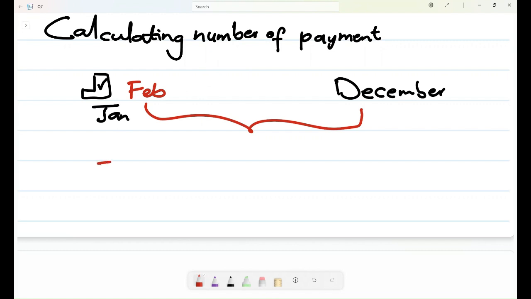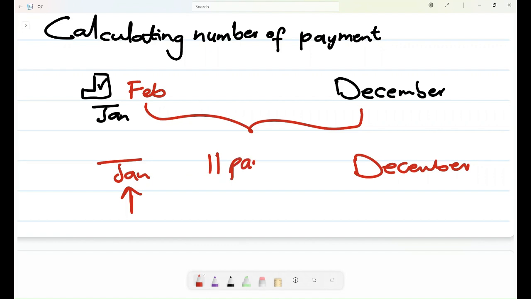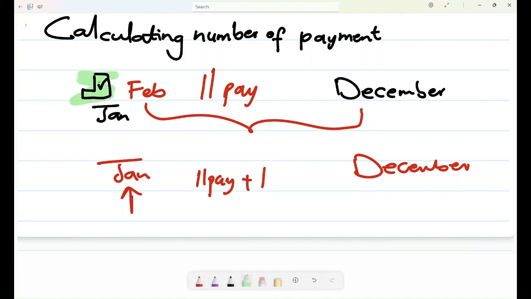But let's say you take a sneaker in January until December. If you start paying in January, immediately after taking your shoe, you add to the number of payments. Let's say you are supposed to do 11 payments, starting paying in February. But if you start paying instantly in January, you're going to do 12 payments, which is 11 payments plus the month where you became excited for the new sneaker and decided to just pay immediately.